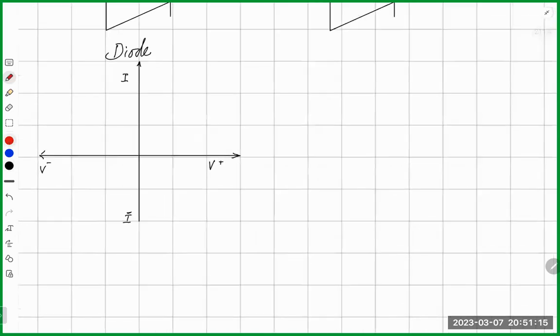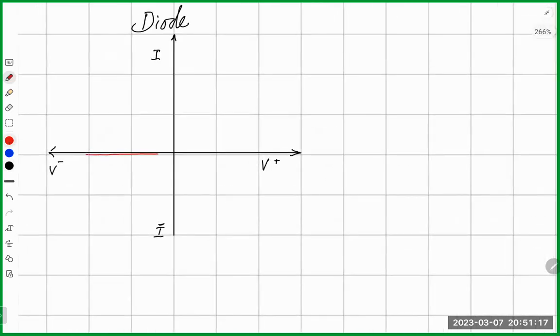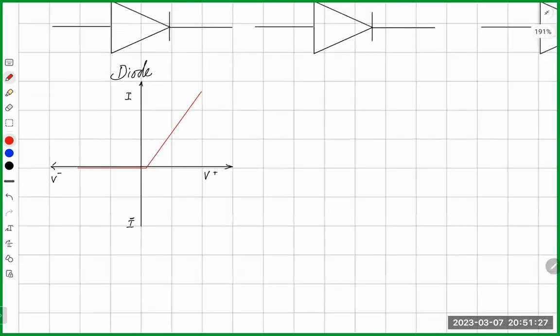So there is no current, and then there is constant current like this. So diodes only allow current in one direction. When you change the potential difference and you want the current that is not supported by the direction of the diode, then diodes don't allow the current to pass through.